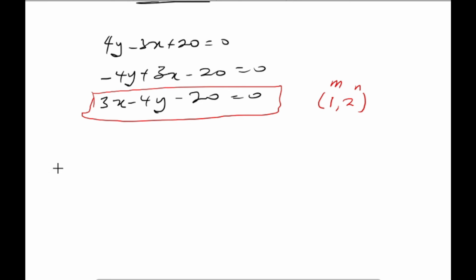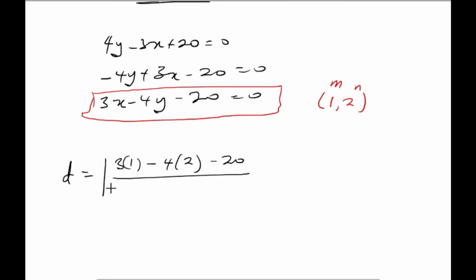So our d is going to be equal to the absolute value of 3, our m is 1, minus 4, our n is 2, minus 20, all over the square root of 3 squared plus negative 4 squared, the absolute value of course.